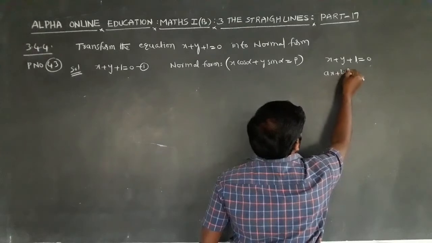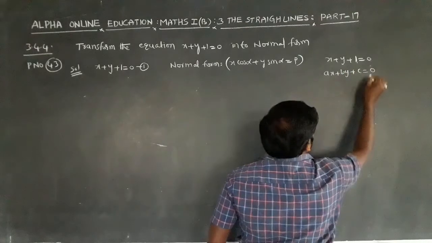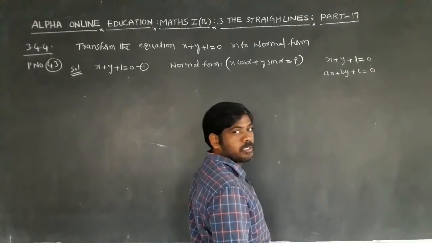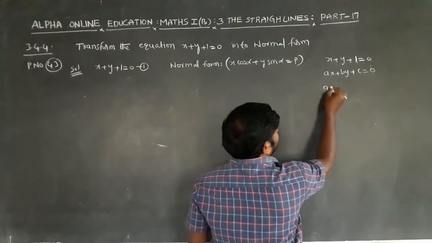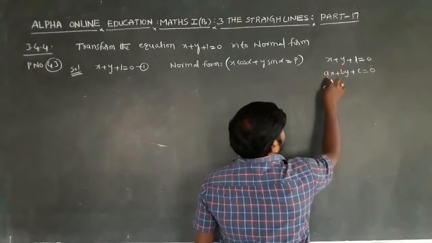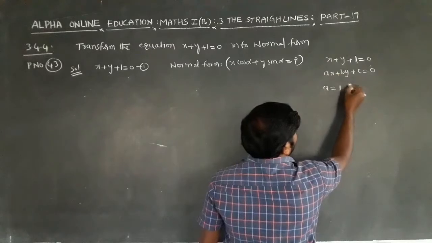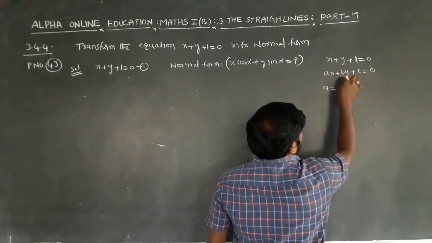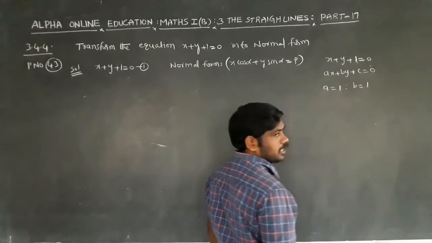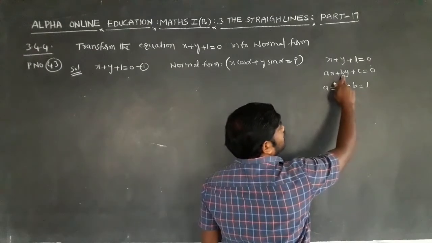Comparing with the general equation ax plus by plus c is equal to 0, here a is equal to 1, the x coefficient, and b is equal to 1, the y coefficient.